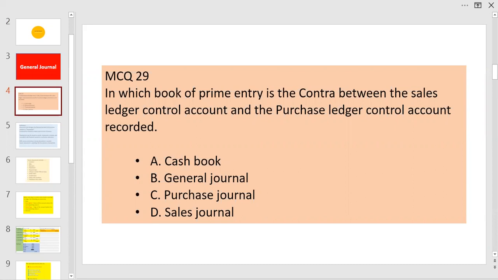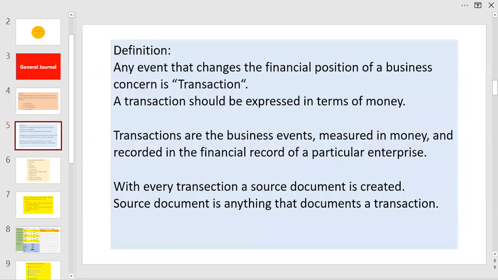Let's move on to the subject, general journal. Since this is talking more about transactions, recording, etc., we wanted to give a brief introduction to this subject before we handle the topic. Any event or activity that changes the financial position of a business is a transaction. In other words, it has to be an economic event.